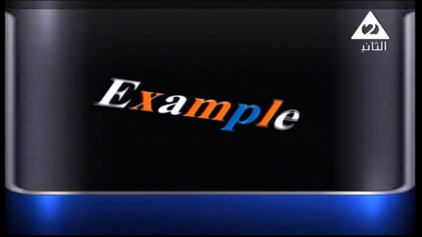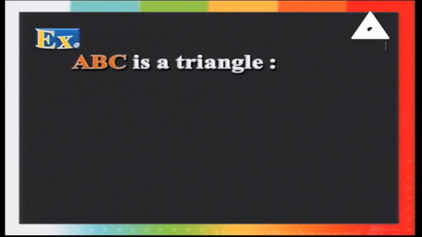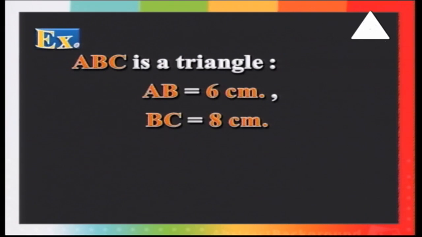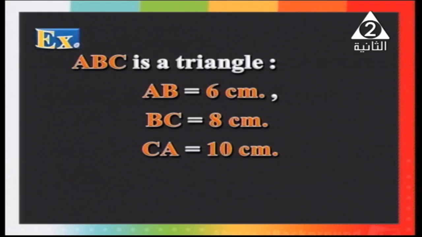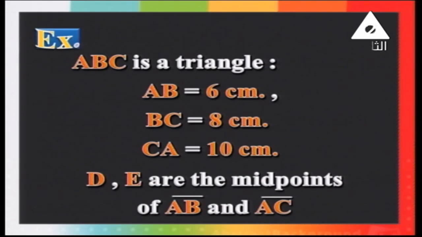Now we translate to another example. My dear student, ABC is a triangle. AB is 6 centimeter, BC 8 centimeter, CA equals 10 centimeter. What to deduce? We are certain this triangle is a right angle triangle at B. Why?